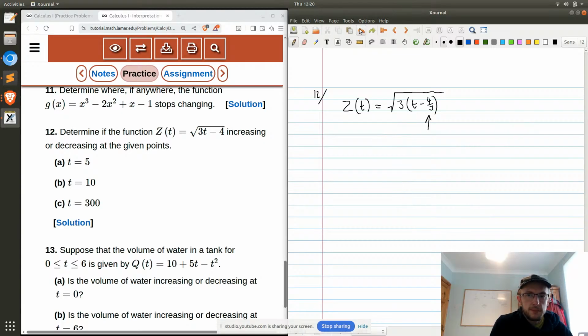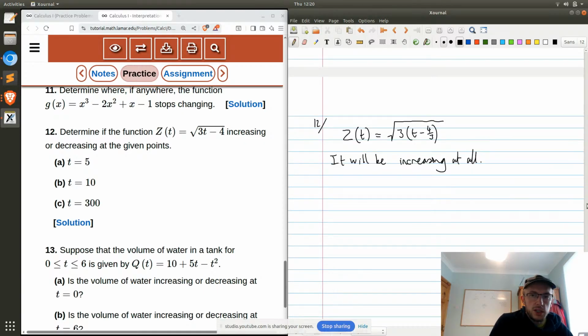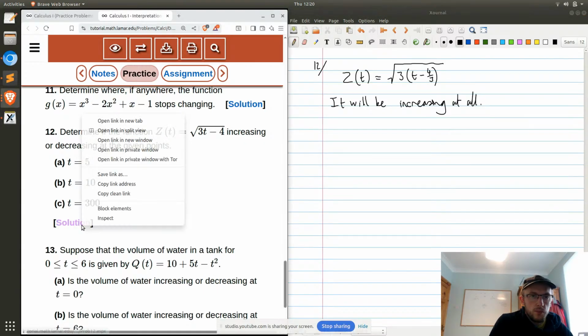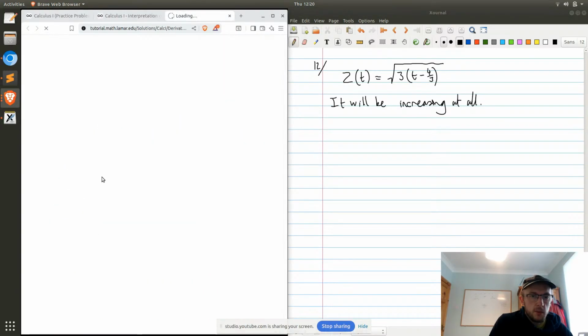That's quite logical, isn't it? And we better make sure that it's actually defined at all these points, and it is. So it will be increasing at all points. So we don't have to use the chain rule or anything. We can just think about what it looks like.